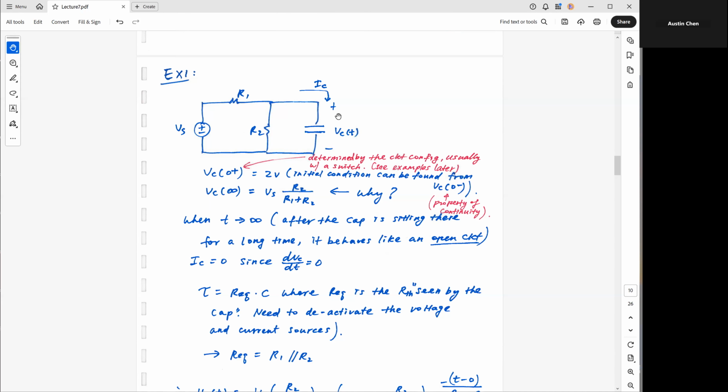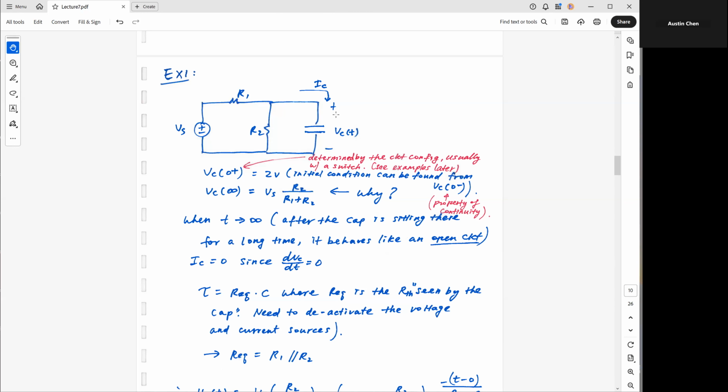If you look at the previous example, I had one resistor only, in series with the capacitor. But now I have R1 and R2, and I still have this VS, the input excitation, the forcing function. Of course, the goal is still to find the capacitor voltage, the voltage drop across this capacitor.